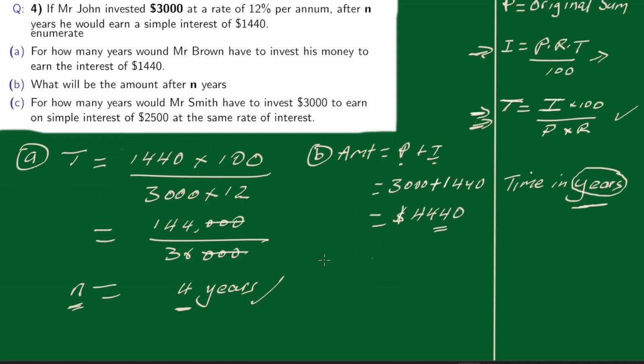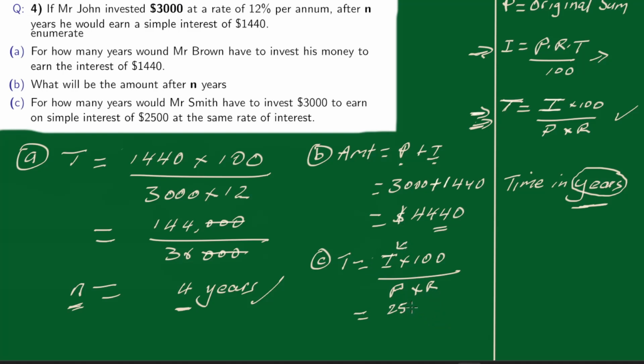Now part C. Part C asks us, for how many years will Mr. Smith have to invest 3,000 to earn an interest of 2,500? So again, using the time formula, time equals interest multiplied by 100 all over principal by rate. So it will be 2,500. That is the targeted interest we are looking at. So interest is what we are targeting.